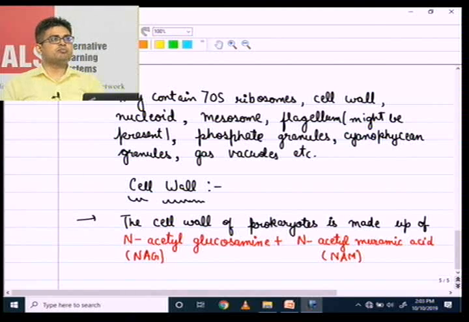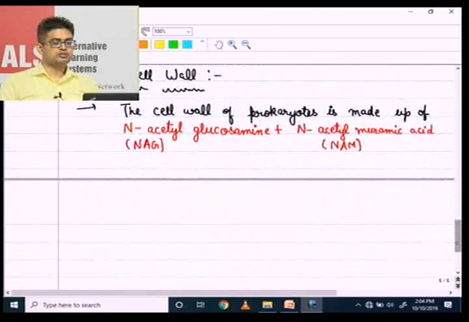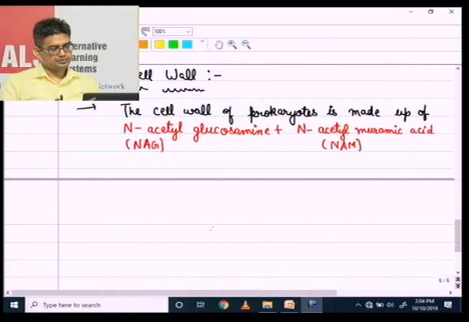Now, do you also remember what is the poison, the kryptonite, to this superstructure? What can break this cell wall? You want me to write in bigger handwriting? Okay, no problem.